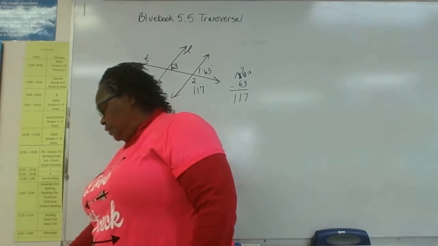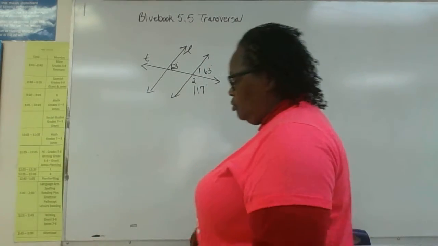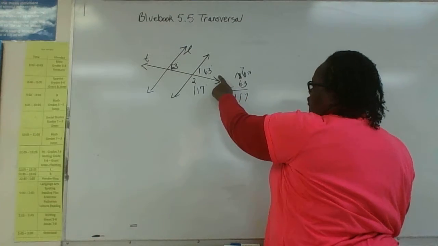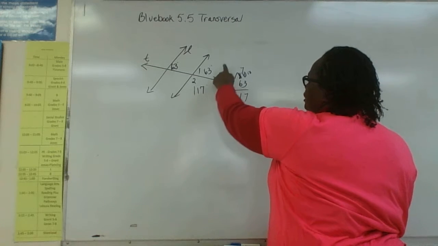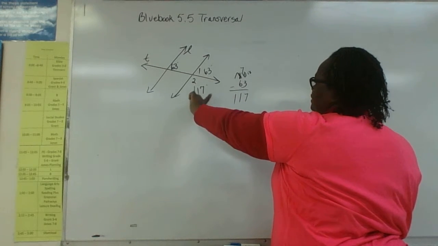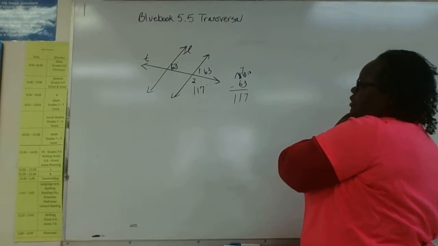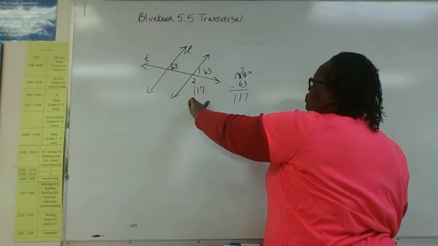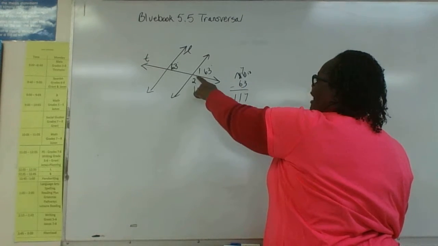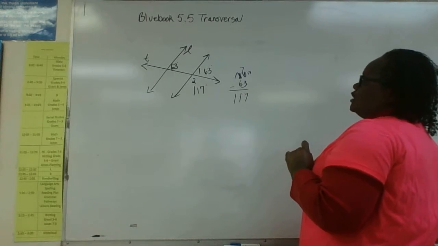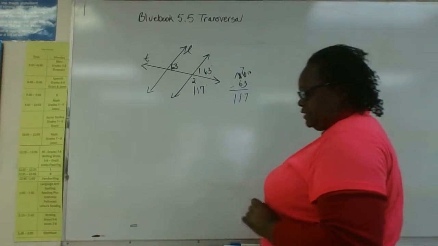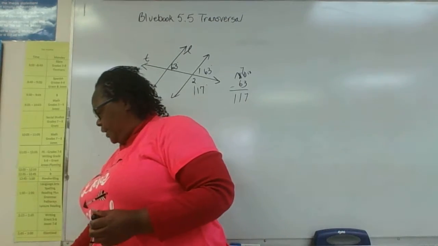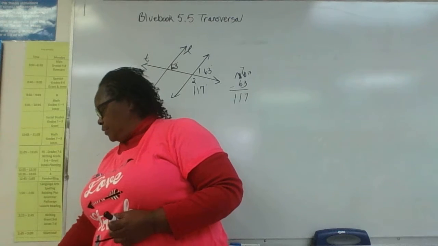Let's move on to angle 2. Because this is 63, angle 2 is a supplemental angle. This plus this should equal 180. They will be supplemental or they can be adjacent, which would also justify this being 117. That's the example there.